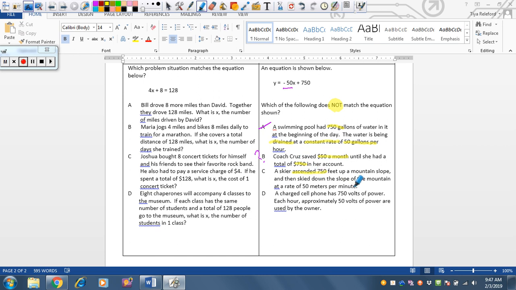And then skied down the slope of the mountain at a rate of 50 meters per minute. So up a positive 750, and then we're going down, so that's negative 50 meters per minute. Is that what this looks like? Negative 50? Yeah, it does. I don't think C's wrong either. I think C's right.